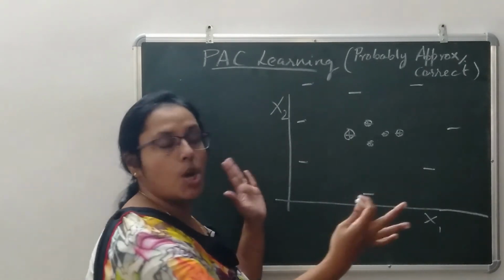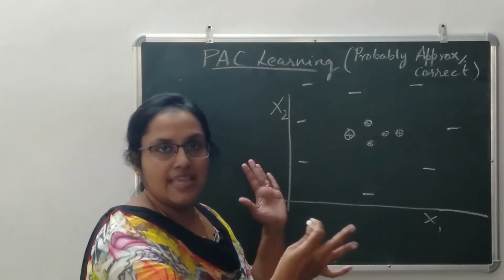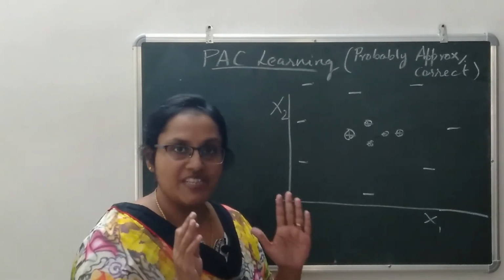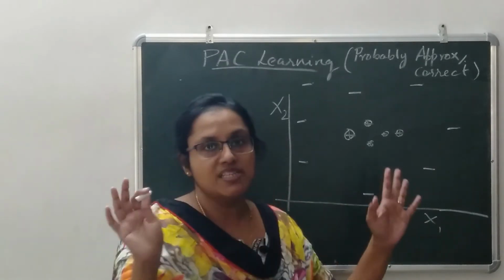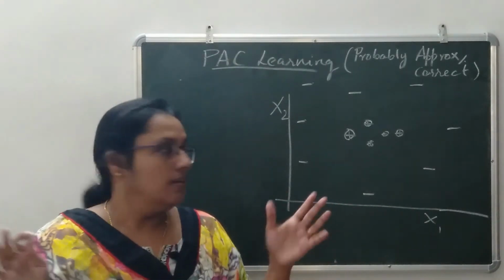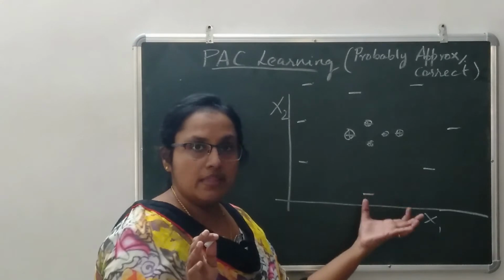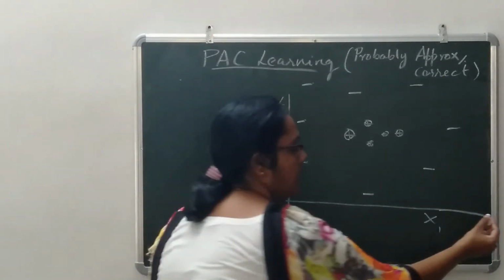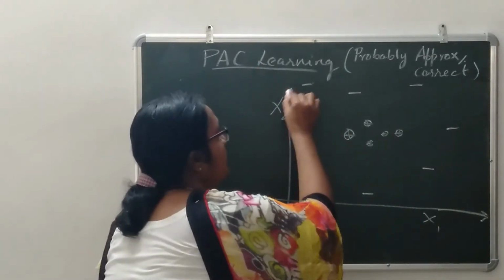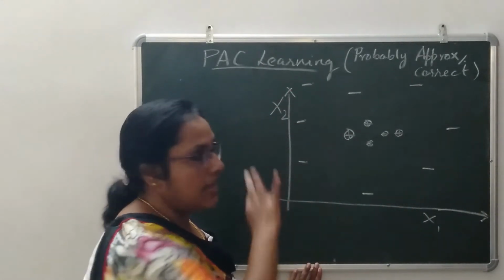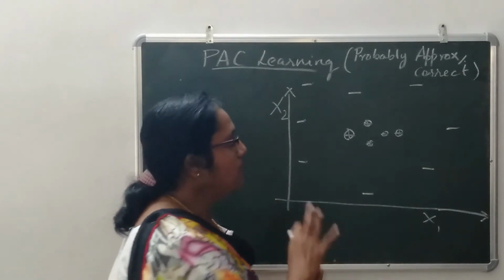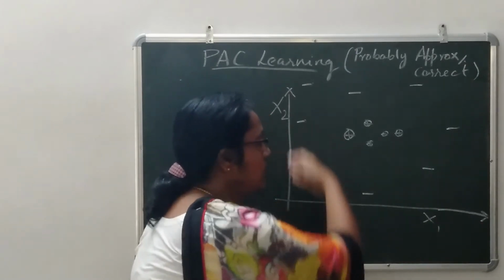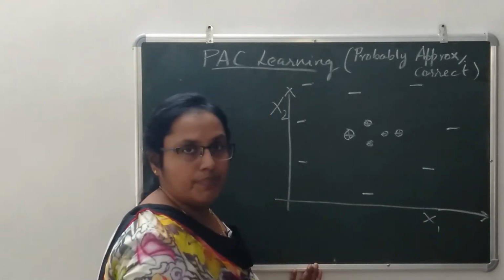From this concept class, say that my hypothesis space is a rectangle with its edges parallel to the axes. This is the standard example that we always look at. So my hypothesis space is a particular rectangle whose edges should be parallel to the axes.